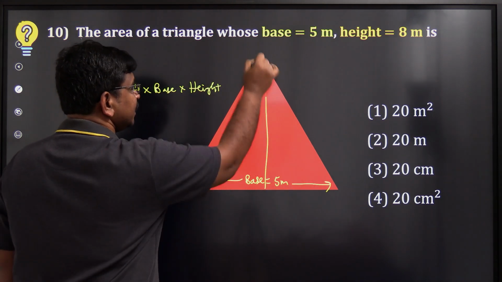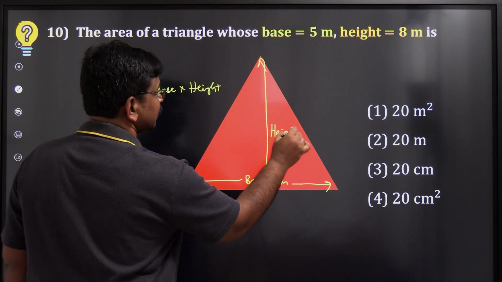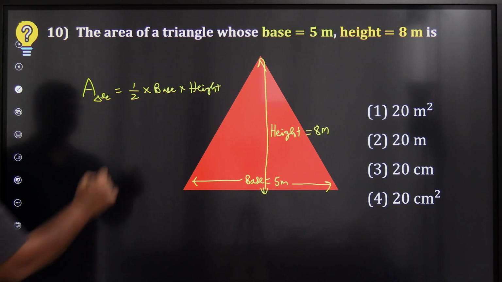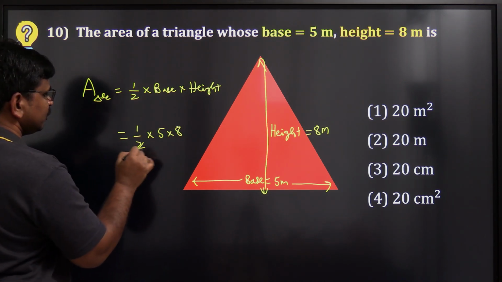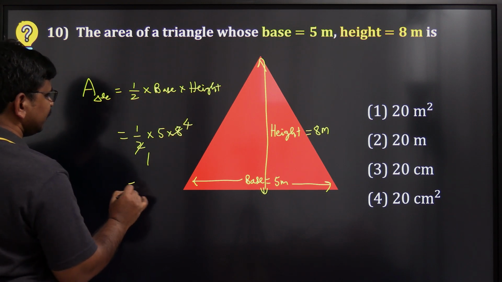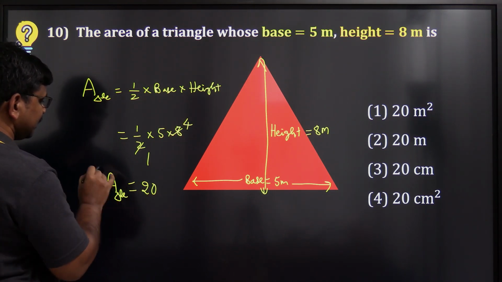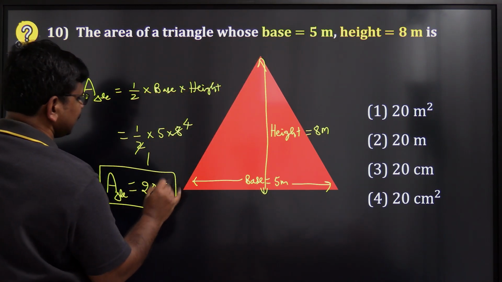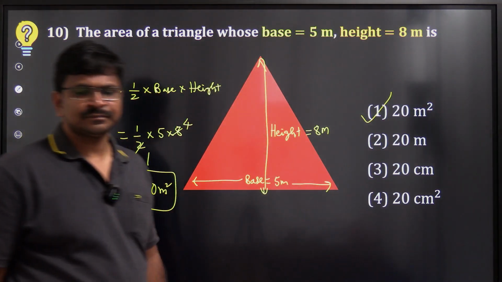And this is the height. Height is given as 8 meters. By substituting the values, you will get the answer. So half into 5 into 8, 2 times 1, 2 times 4, 5 into 4 is 20. This is the area of the triangle. 20, as the units are meter and meter, so meter square. So 20 meter square is the answer here.